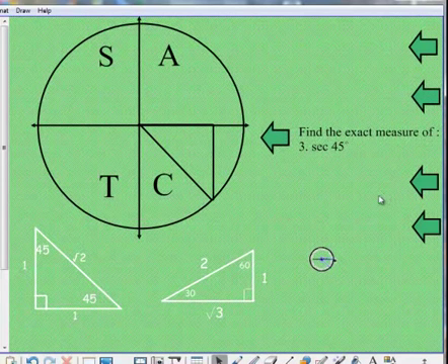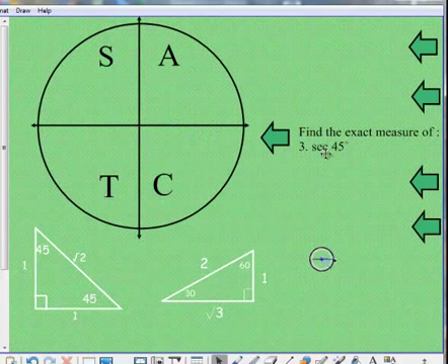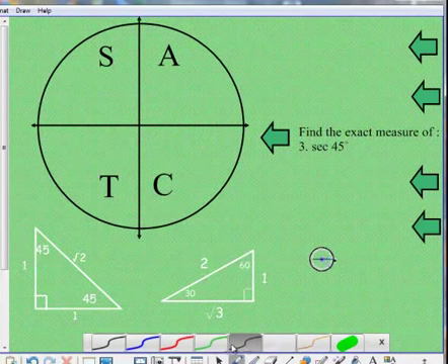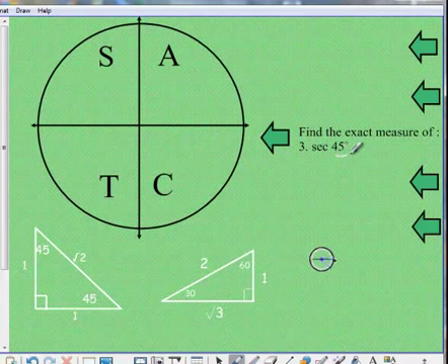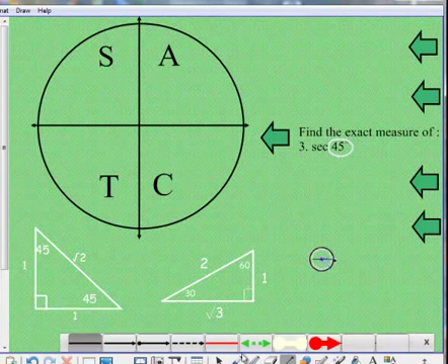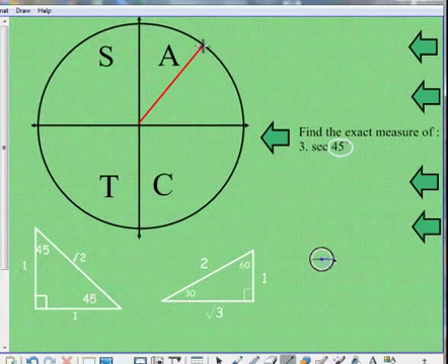Ooh, secant of 45. All right, so let's try and do some shortcuts here. Well, I know that 45 degrees is going to be in the first quadrant. So I'm just going to draw a triangle real quickly in the first quadrant, here and here.